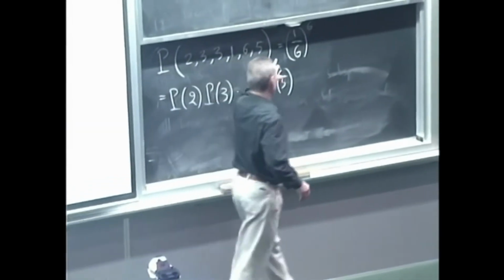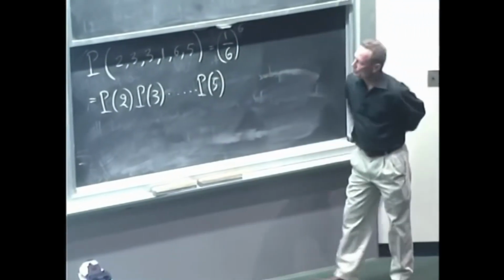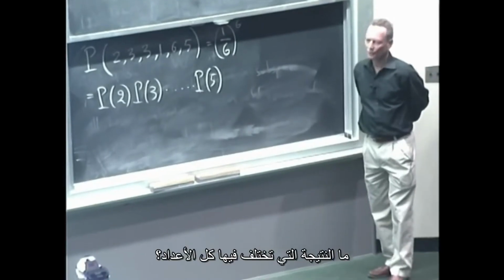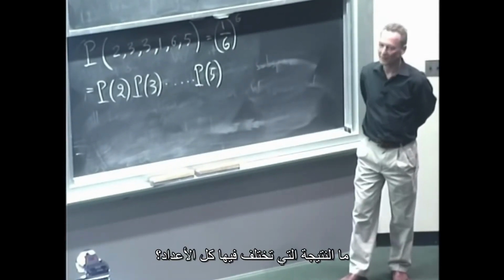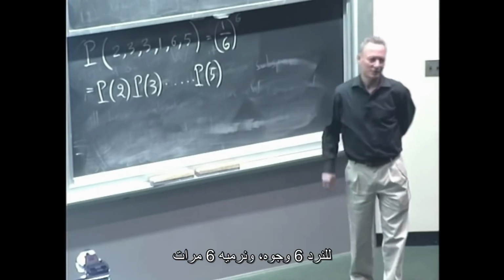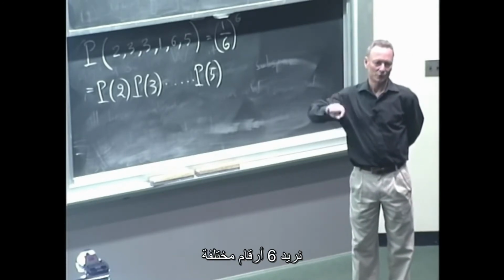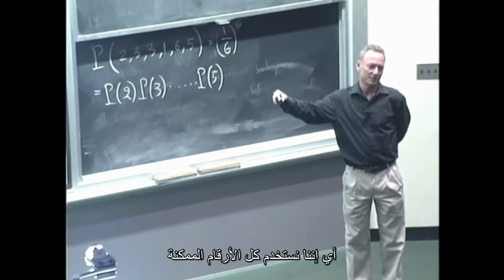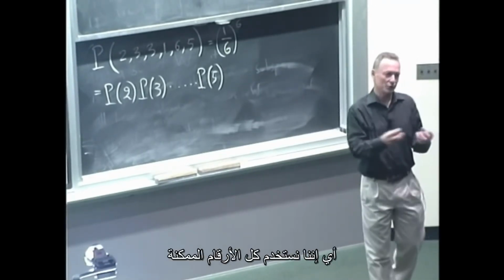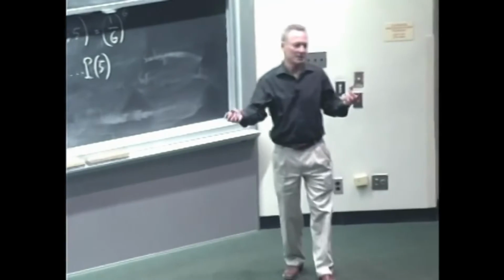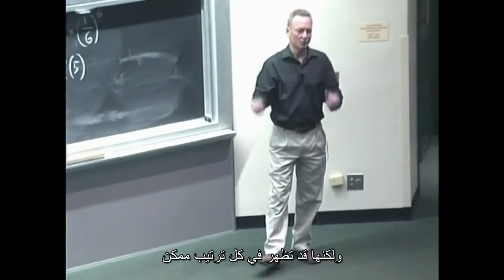We're interested in outcomes in which the numbers that we get are all different. So what is an outcome in which the numbers are all different? So the die has 6 faces, we roll it 6 times, we're going to get 6 different numbers. This means that we're going to exhaust all the possible numbers, but they can appear in any possible sequence.